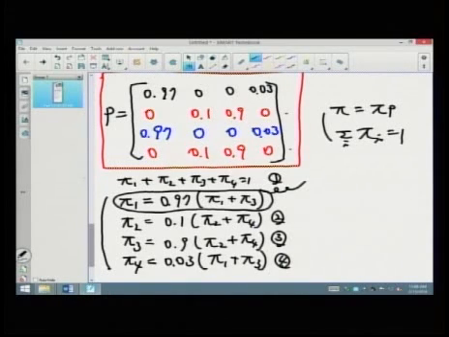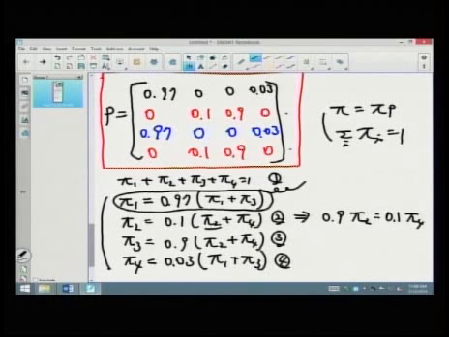And from here, if you move pi 2 to the left-hand side, then what do you have? 0.9 pi 2 equals 0.1 pi 4, right?